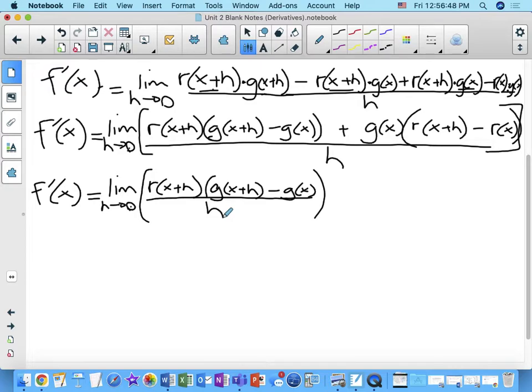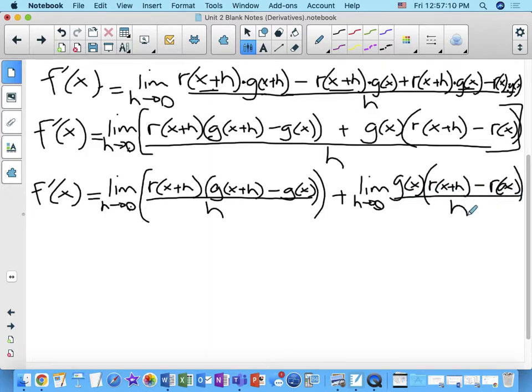Whoops, I forgot a bracket there. So that's this part, plus the limit as h approaches 0 of g of x times r of x plus h minus r of x over h. In fact, at this point, I don't even need those big brackets around there, but oh well. Okay, so now I've split it up into two different limits. It's like I'm splitting it up into two different fractions over h. So far, so good?